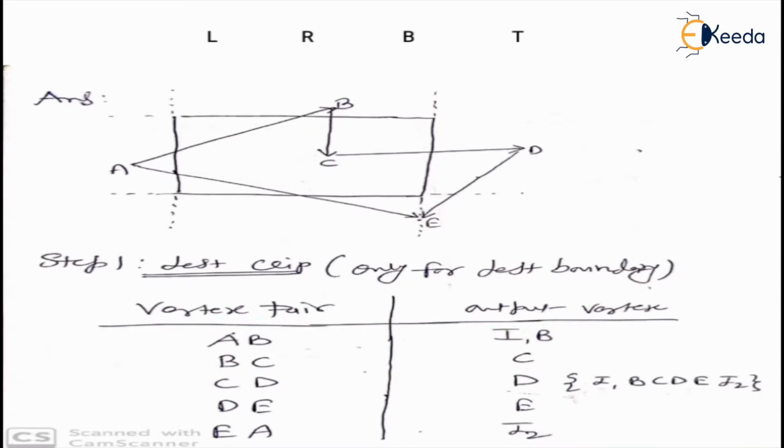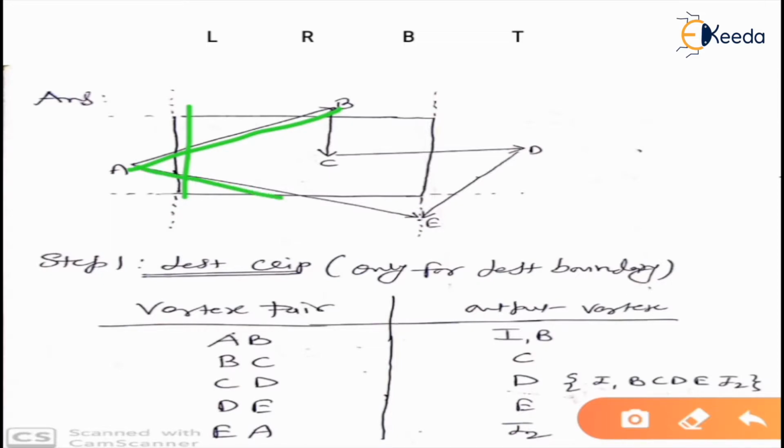So first AB, for line AB we want to clip from the left side, so only AB and AE, these two lines will be clipped, and for the rest of the edges, according to the condition, their points will be stored in the output vertex. So here the main objective is to clip AB and AE.